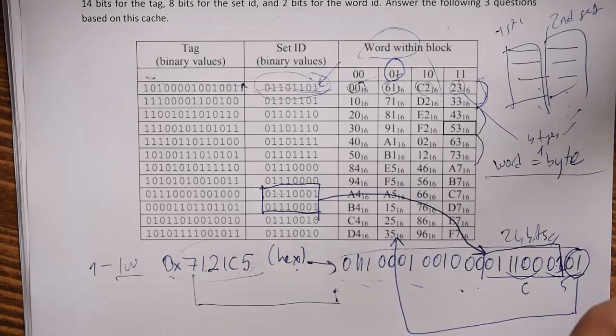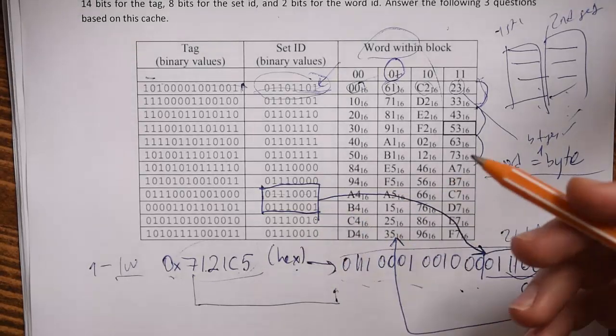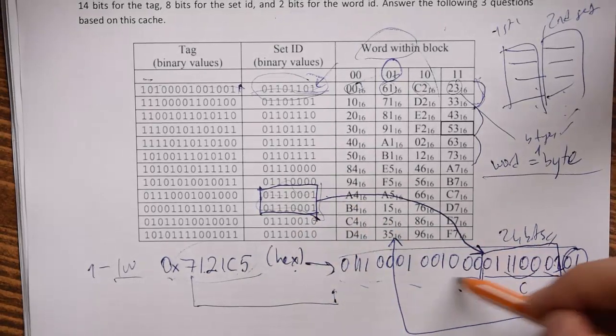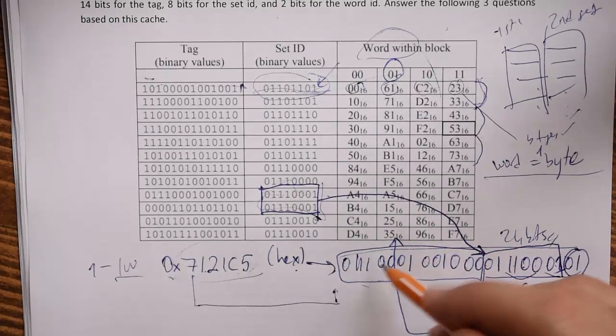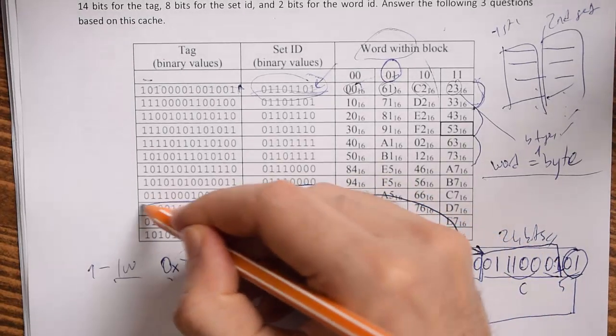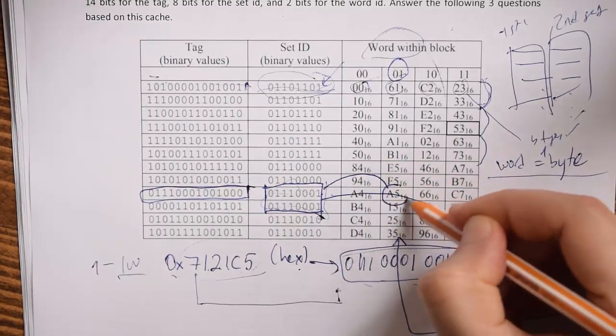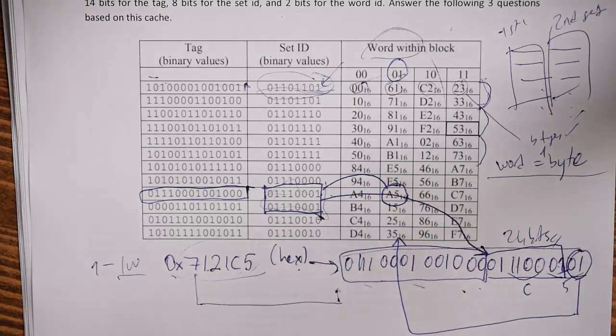It's the set ID value that we have a matching circuit that determines exactly these addresses. And finally, we have the tag number, and this tag number matches this particular one, which means we're looking for this particular data value, which is A5. So the answer is A5 for the first question.